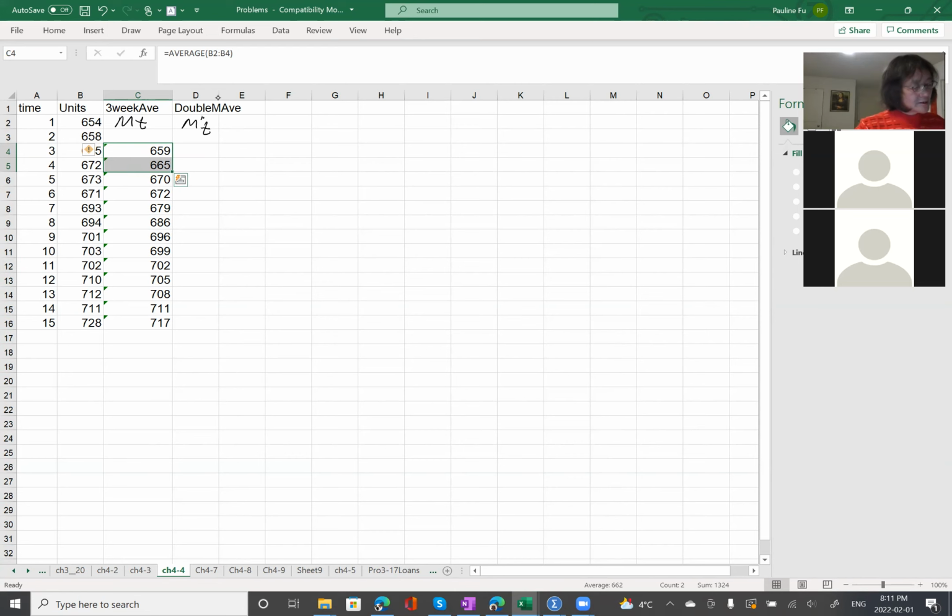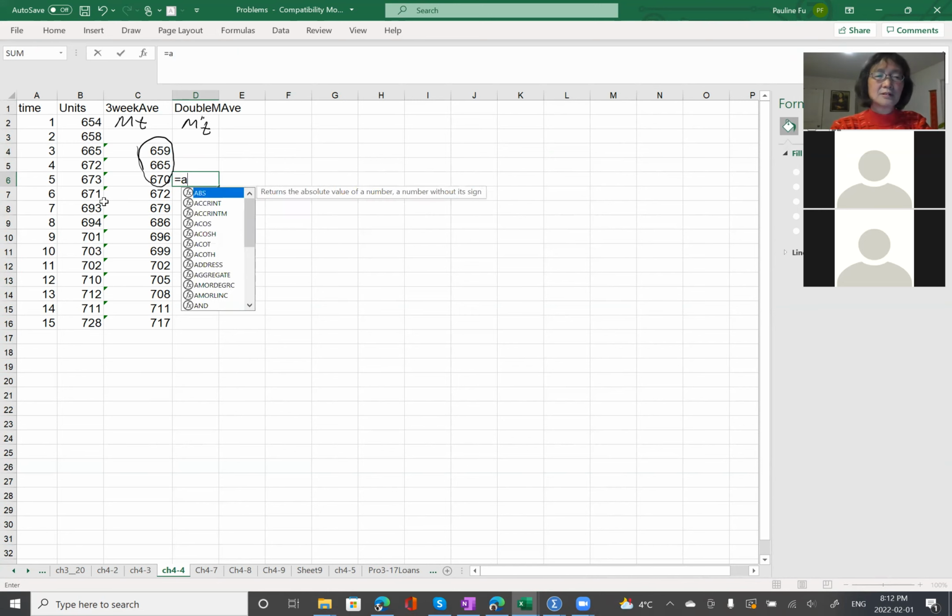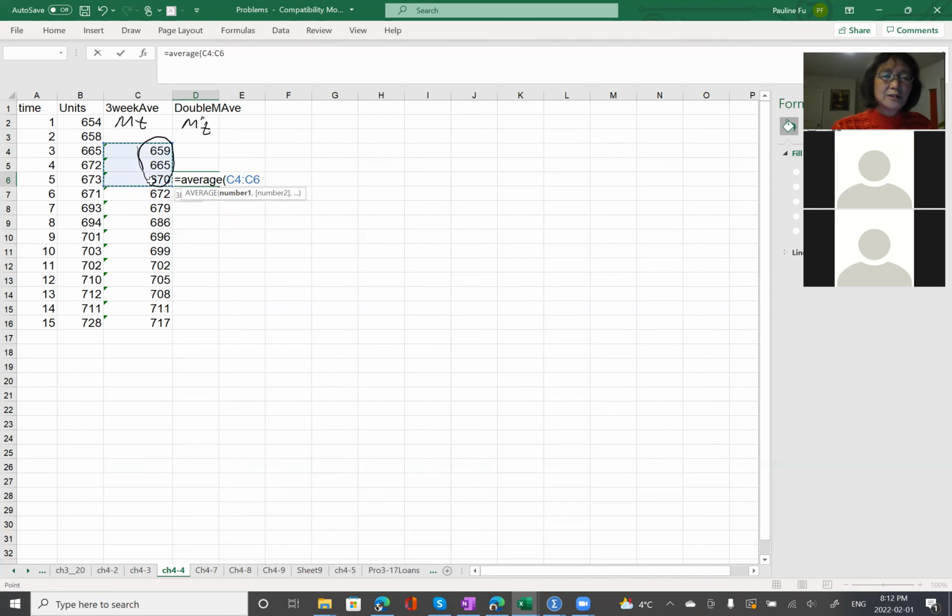Double moving average. So what you do, you do the first 3, you do the average of these 3 numbers. The result is a double moving average. So you type in equal, select these 3 numbers.